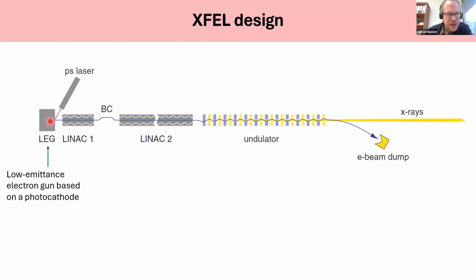So a photocathode is just a cathode, a metal material. So it's typically some material with low work function, so that using a UV laser that is picosecond pulsed can emit many electrons out of the surface by photoelectric effect.